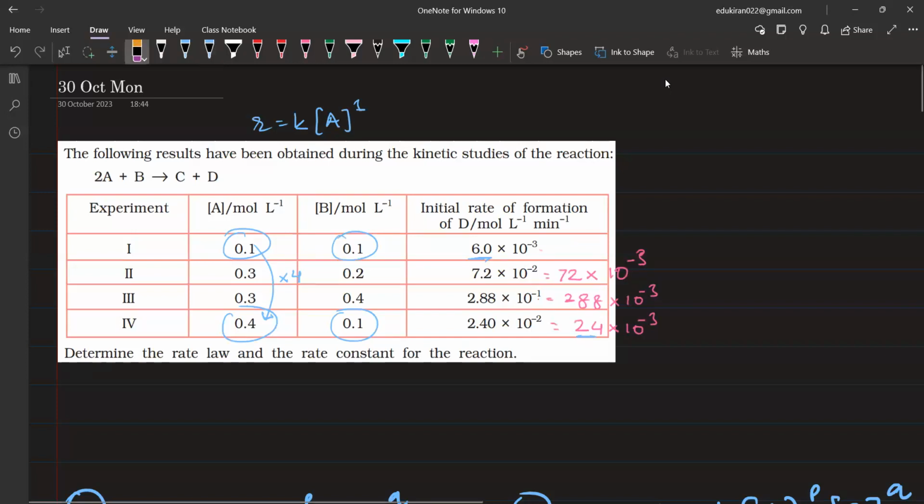And if I use the second and the third, we are doubling it, and 4 eights are 32. So B to the power 2. Okay, very good. That's really nice.